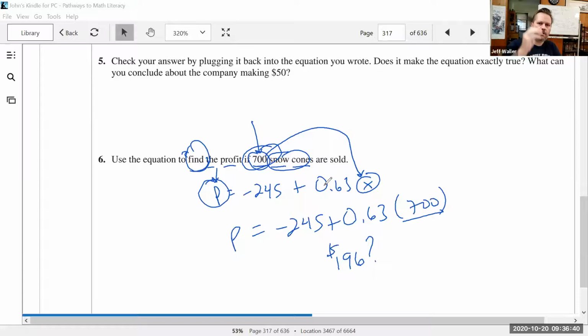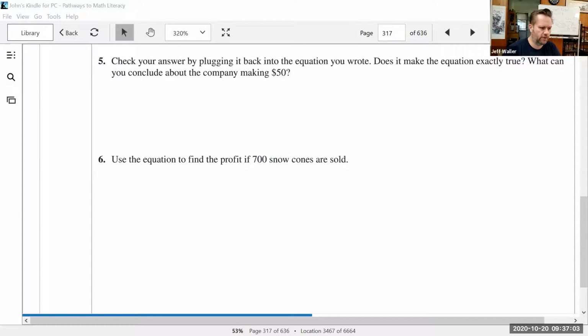That's a big problem people have with these kinds of problems: they put the number in the wrong place because they don't stop and say, this means this, that variable means that. It better go in place of that variable. It's a very simple mistake to make, and a very simple mistake to not make. Just take a second.